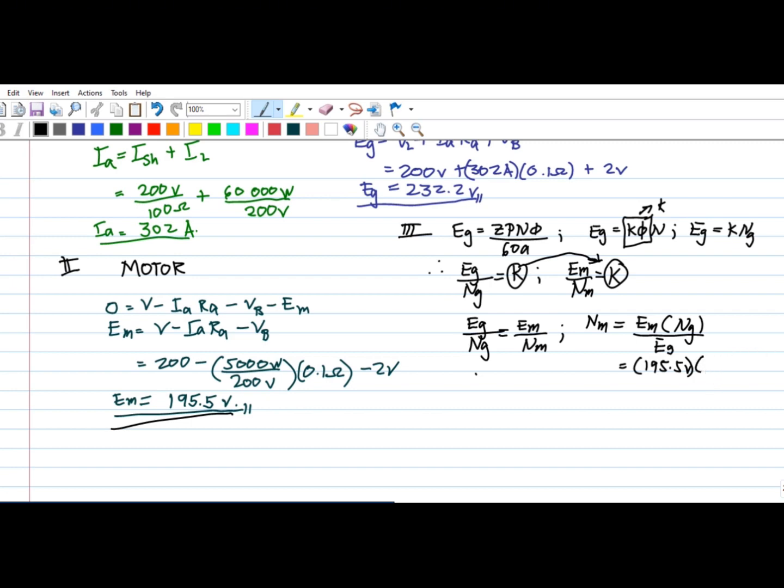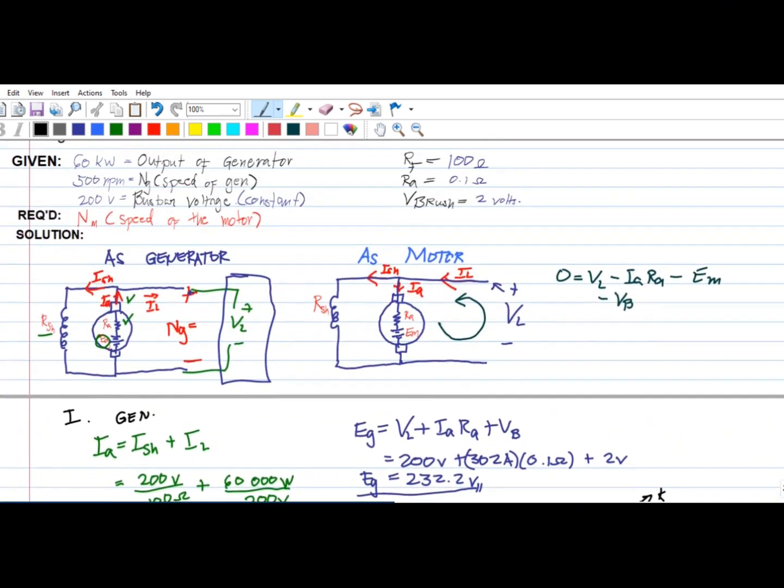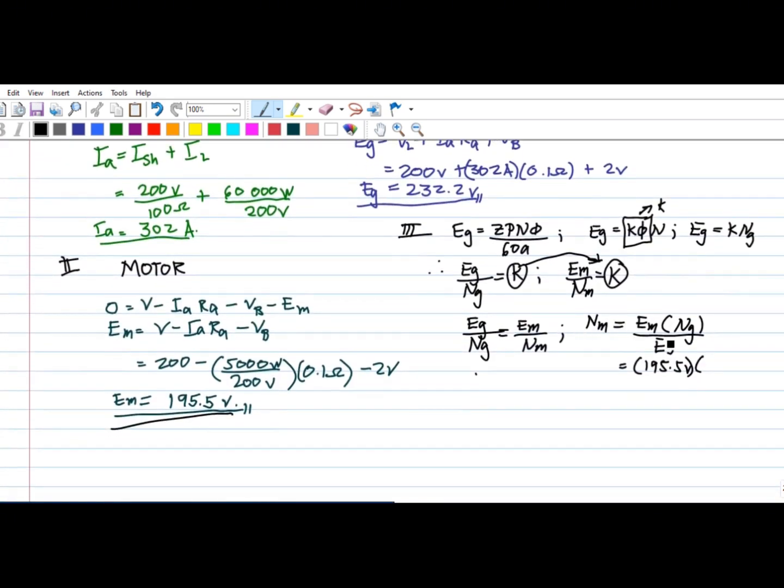What is the speed of the generator? 500 RPM. And also the E_G, voltage of the generator, which is 232.2 volts. So the volts cancel.